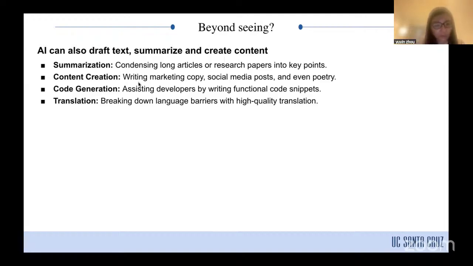As we can see from many general domain tasks, and as I believe the previous talk about coding LLMs showed, AI can now also do summarization, condensing long articles or research papers into key points. It can create content, writing marketing copy, social media posts, even poetry, do code generation, and do translation that breaks down language barriers with high quality.